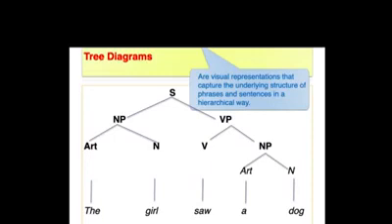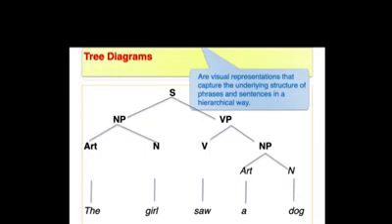Now the sentence is separated into two main constituents. The first main constituent is what we call the noun phrase, and the second main constituent is the verb phrase. The noun phrase is divided, according to this sentence, into an article and also a noun, which stands for girl.